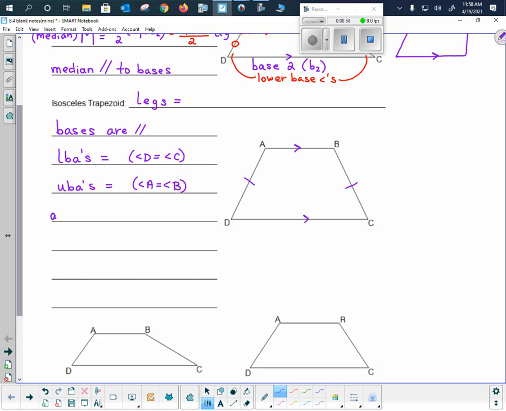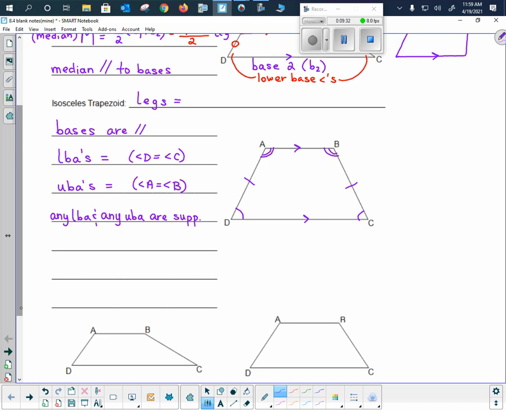Now we're going to literally be able to say that any lower base angle and any upper base angle are supplementary. Okay, so we said the lower base angles are equal to one another. The upper base angles are equal to one another. We need to make them a different marking.